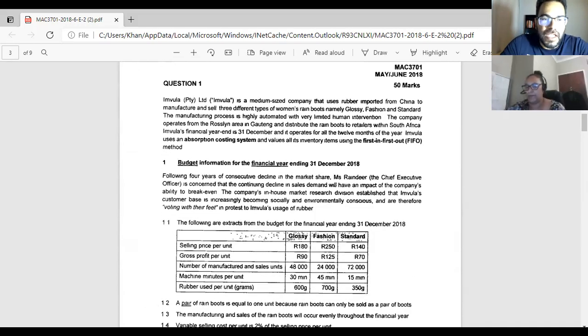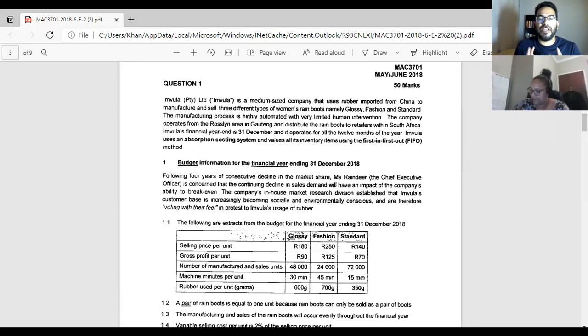They say Imvula Ltd is a medium-sized company that uses rubber imported from China to manufacture and sell 3 different types of women's rain boots, namely glossy, fashion, and standard. You might just now remember it's PTY Ltd, so it's a private company.